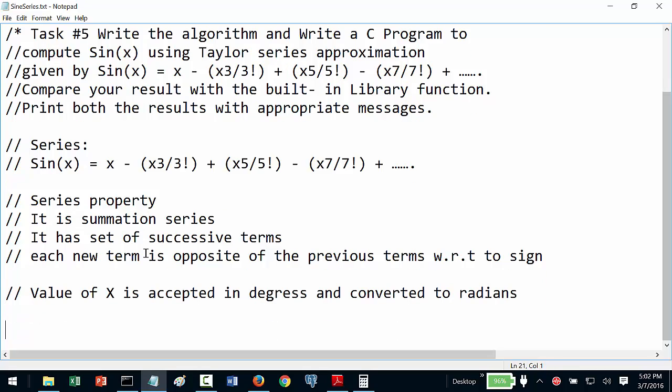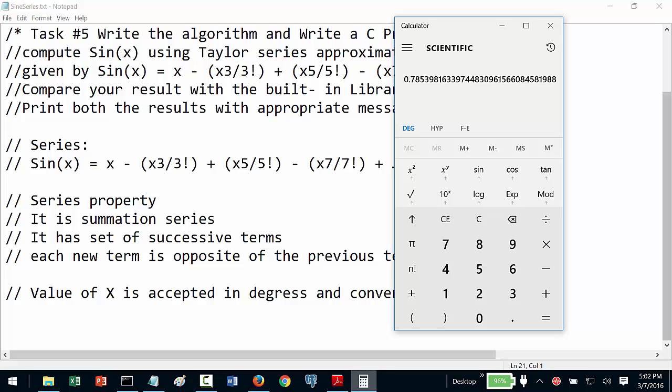From our basic school math we know that if I want to convert any degree to radian, for example 60 degrees, I simply multiply this by pi and divide it by 180. So this will be my radians equivalent of x, which is in degrees.